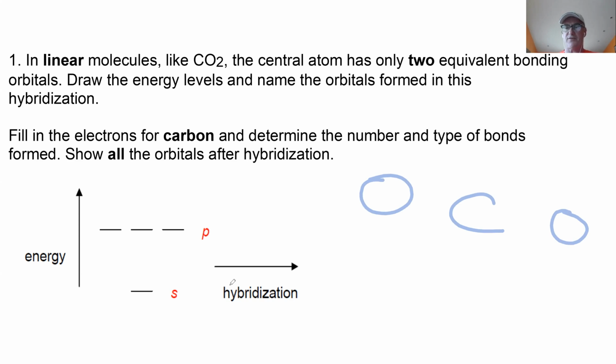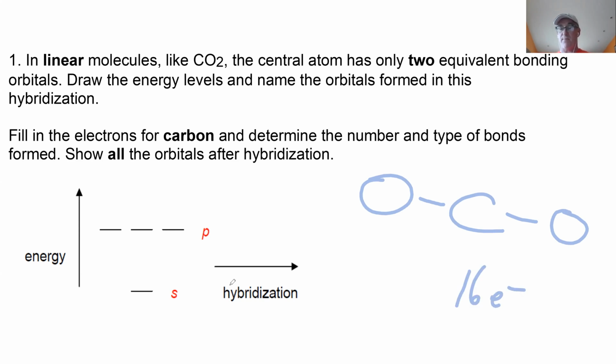How many electrons am I going to need? Yes, 16. So 6 for each of the oxygens and 4 for the carbon, for a total of 16.